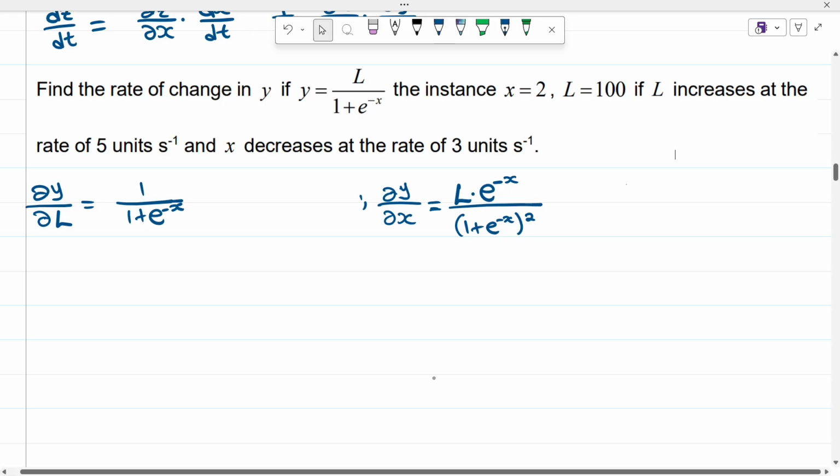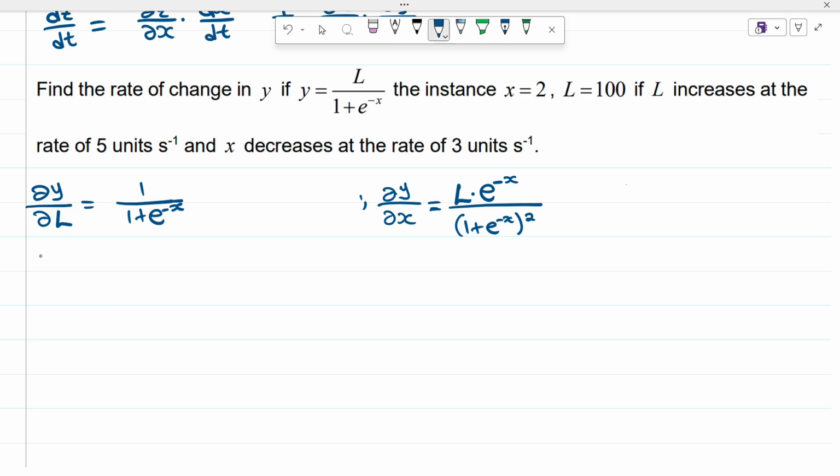And then the rates, you're also given the rates. You're given that dL/dt is equivalent to what? You're told that L increases at a rate of 5 units per second.